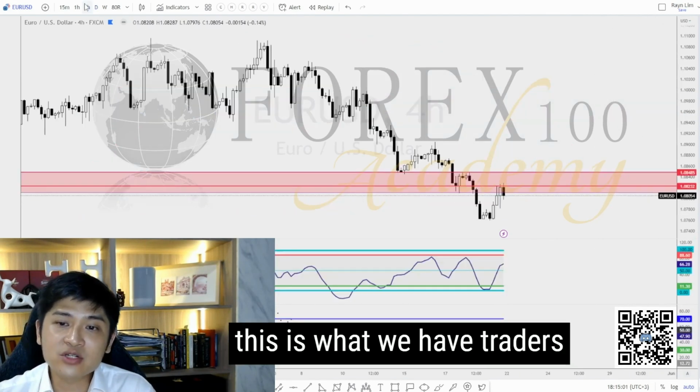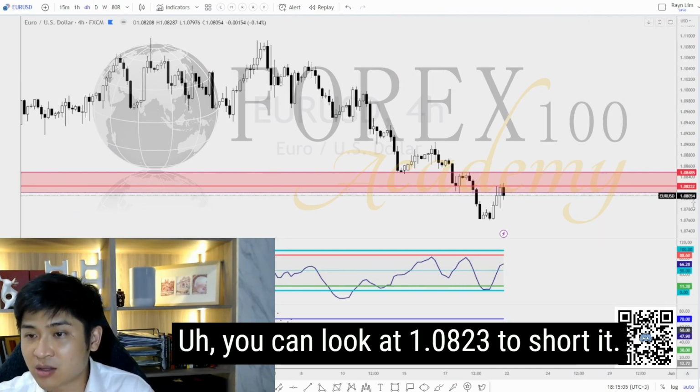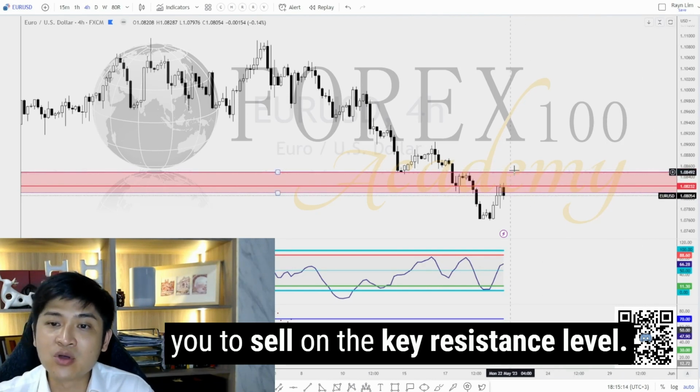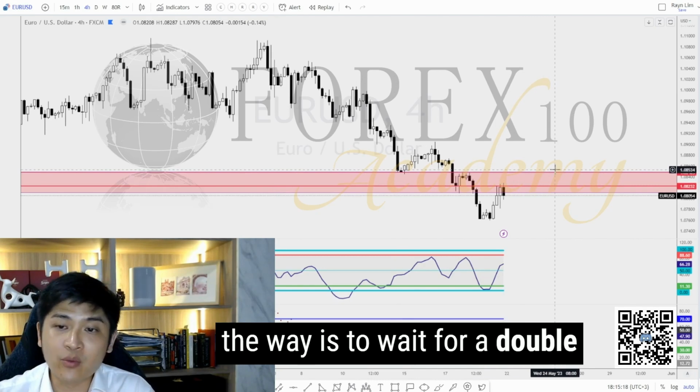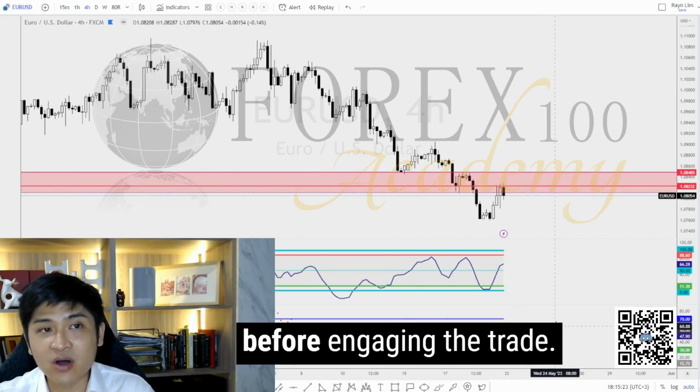Down to the 4-hour chart, this is what we have. Traders who are looking for a shorting opportunity in this price range, you can look at 1.0823 to short it, or 1.0848 could be another level for you to sell on the key resistance level. Being conservative, one of the ways is to wait for a double top with an RSI divergence before engaging the trade.